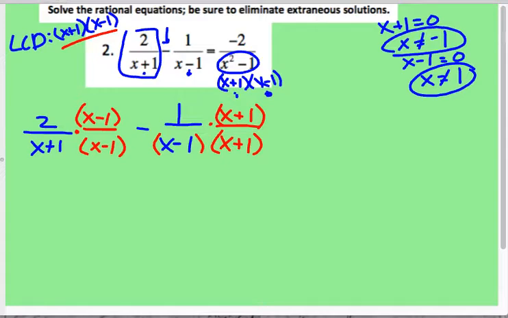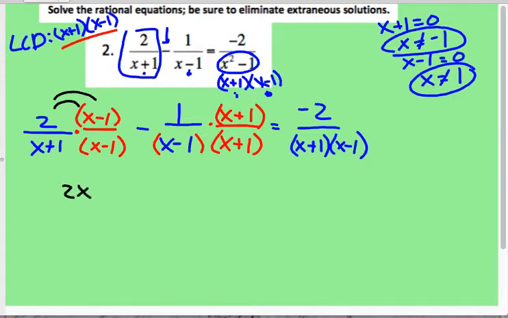Equals, what are we left with? -2 all over, we already have an x plus 1 and an x minus 1. So that's good. Go ahead and multiply your numerators. I'll get 2 times x is 2x minus 2 all over x plus 1, x minus 1.